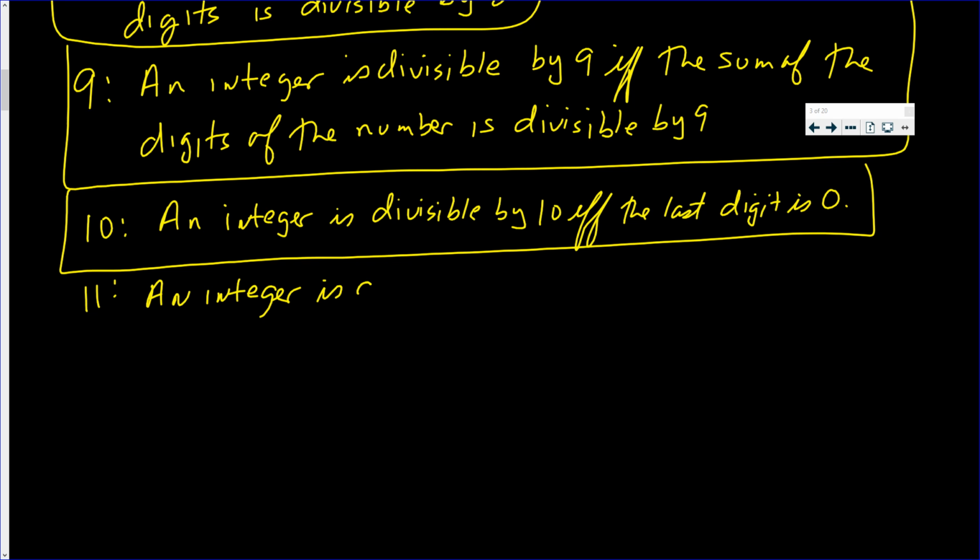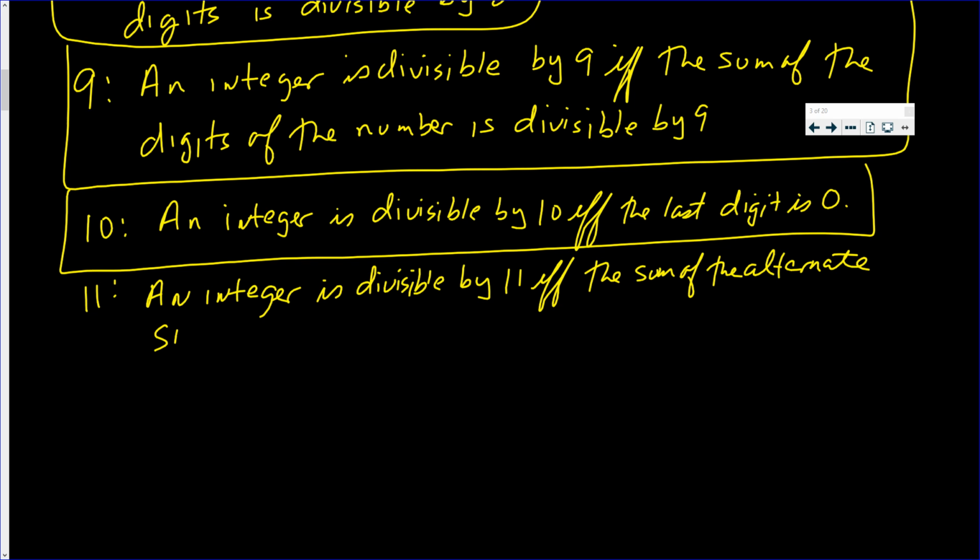An integer is divisible by 11 if and only if the sum of the alternate signs of the number is divisible by 11.